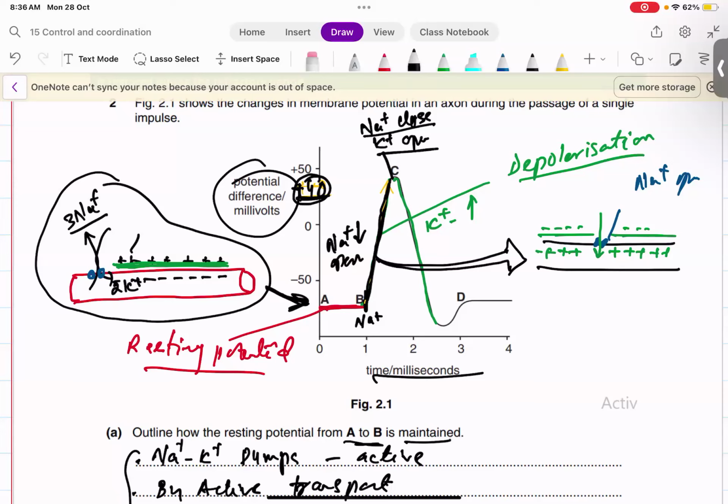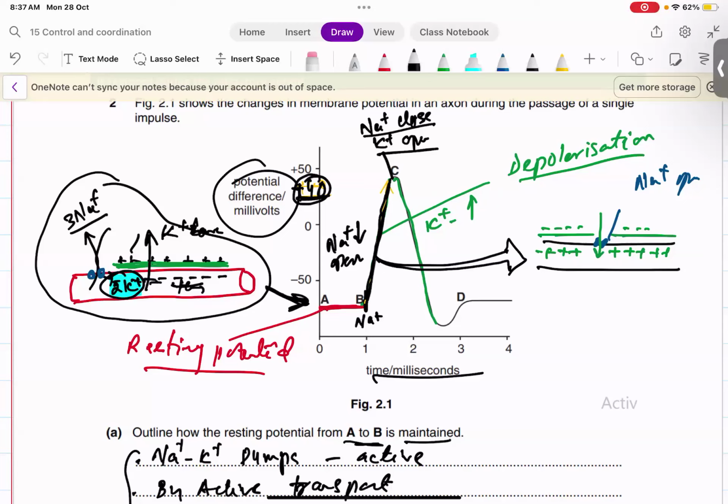If potassium channels open, already at this stage potassium was in high concentration on the inside and low concentration on the outside. So consequently, potassium diffuses out. If potassium diffuses out, positive ions go out of the cell.